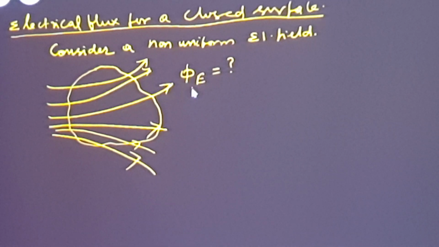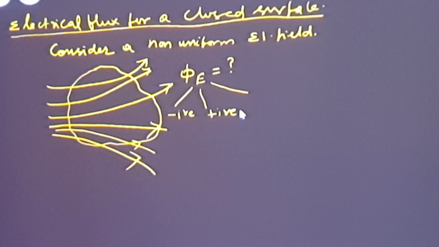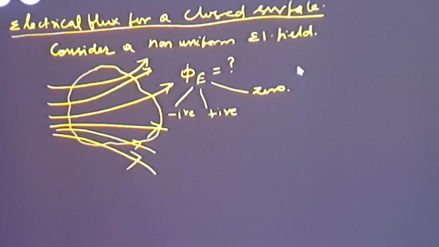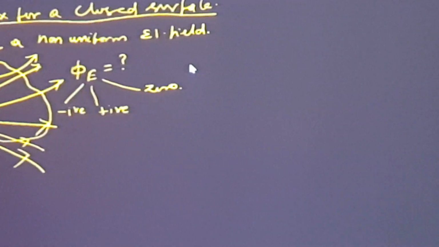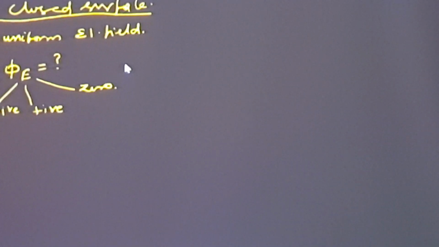The value of the flux may be of three types: negative, positive, or zero. So I have to explain when this value is negative, when it is positive, and when it is taken to be zero.